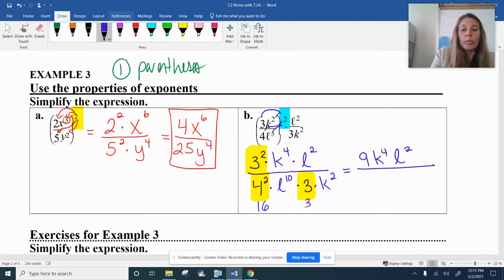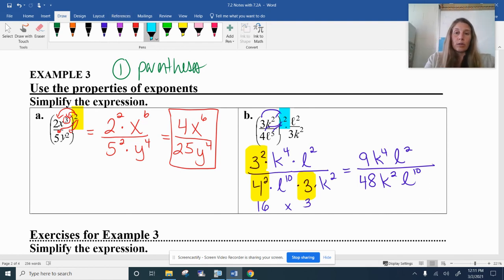So I want to multiply the 16 times the 3, and that's going to give me a 48. And then I have my k squared and my L to the 10th. And all I did was write them in alphabetical order so that they'd be the same on the top and the bottom. Because now it's a little bit easier to kind of see if we can divide or reduce anything. So like, does 9 over 48 simplify or reduce?